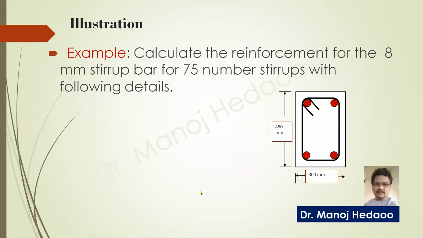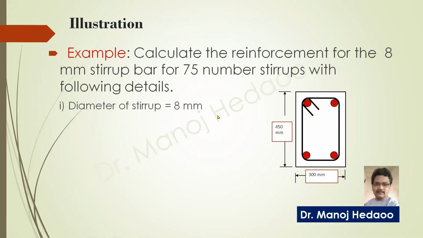Now friends, the application of this relation will be more clear by solving this example. Calculate the reinforcement for the 8 mm stirrup bar for 75 stirrups with the following details.